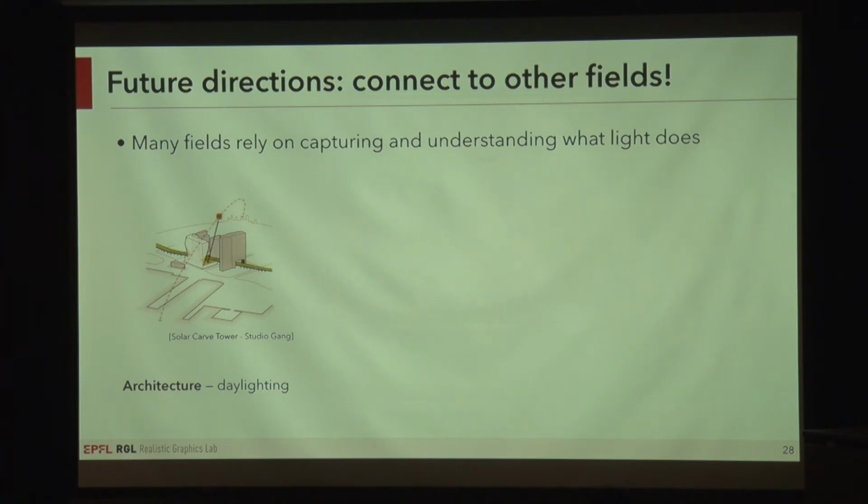So with our approach, we can actually differentiate the building with respect to what the architects want to do. They can specify, I want a certain level of brightness inside the building, and then we can say, which parts of the building are sensitive with respect to achieving that goal? How would the building want to deform to be able to do that? These kinds of things. It's pretty exciting, and we're starting to work with some architects on that.